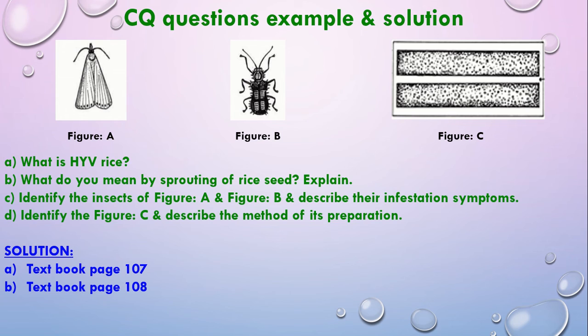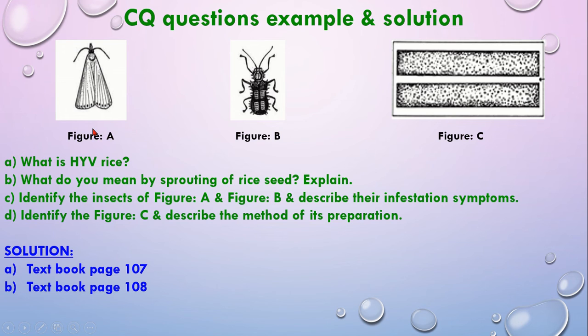That means the way of germinating the seed is called seed sprouting. So you can get the process of seed sprouting on page number 109, which I already explained earlier in this lecture.